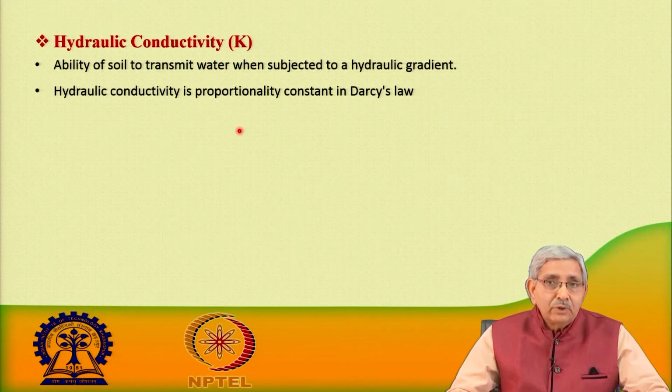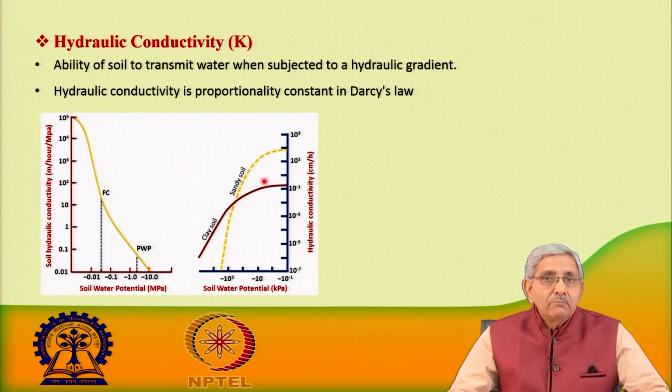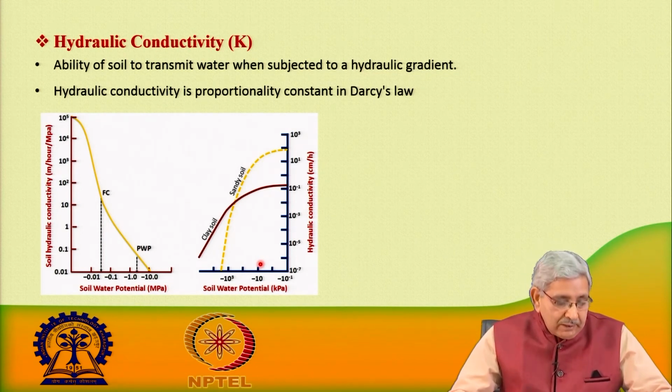Soil texture is a function of the pore geometry, and accordingly how much water content is available. That is dominating, and K is a proportionality constant.